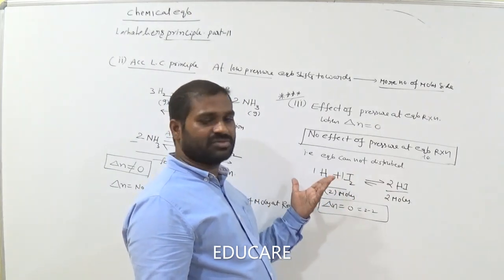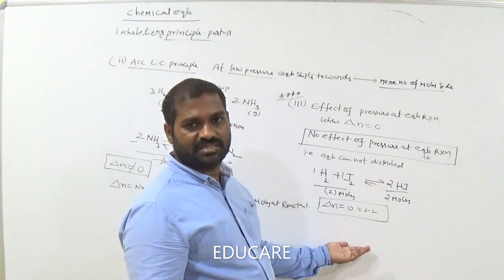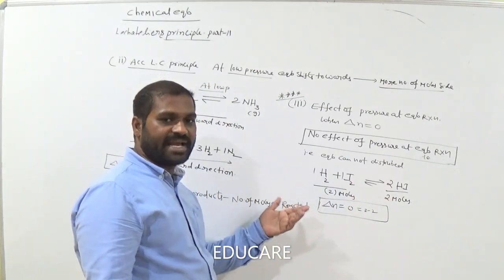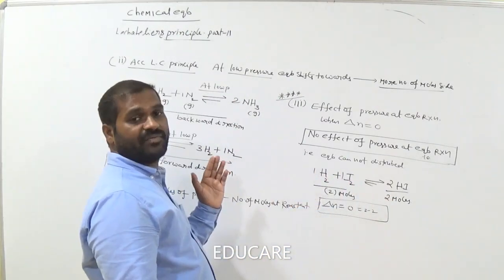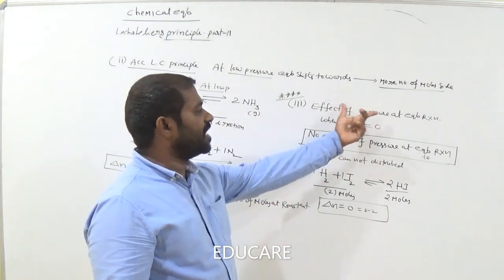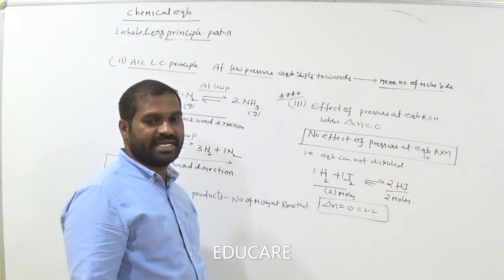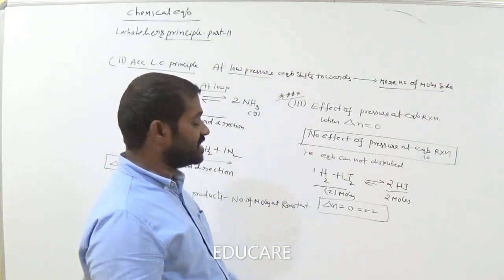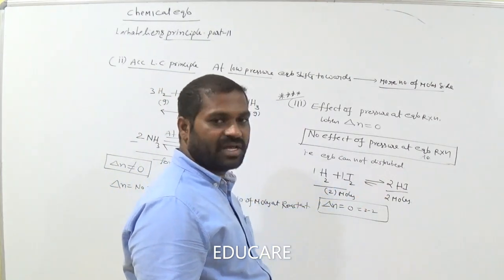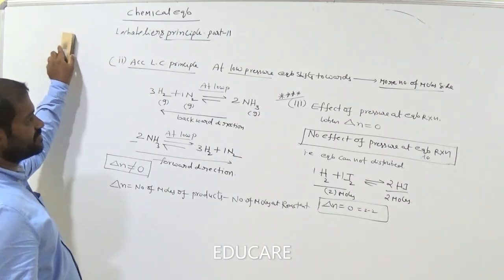There is no chance for the reaction to move either forward or backward. That's why when delta n equals 0, there is no effect of pressure at equilibrium, because the number of moles of reactants equals the number of moles of products. Very very important statement.